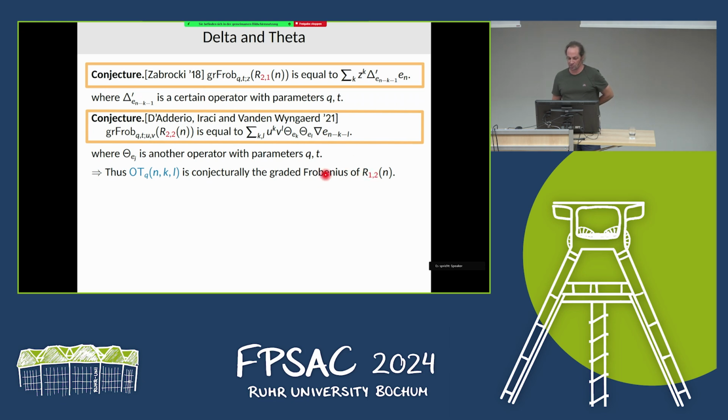This is conjecturally the graded Frobenius of this co-invariant space with 1 set of commuting variables and 2 sets of anti-commuting variables. Yeah, it's R22, but then I specialized at T equals 0. So it brings you down from 2 sets of commuting variables to 1. Okay.